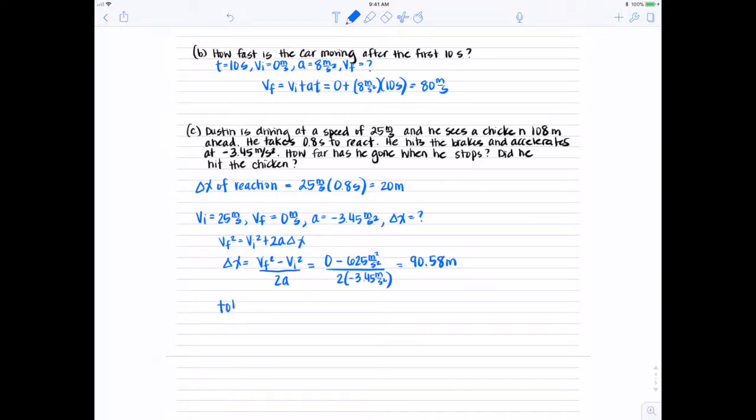So total delta x, 90.58 meters plus 20 meters, 110.58 meters. Yes, he hits the chicken because that distance is greater than the chicken's position, which was 108 meters ahead of Dustin. So Dustin hits the chicken.